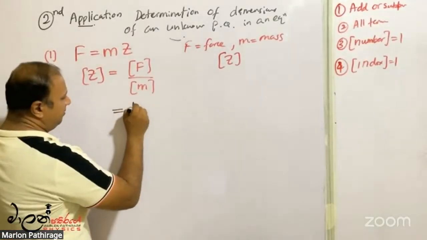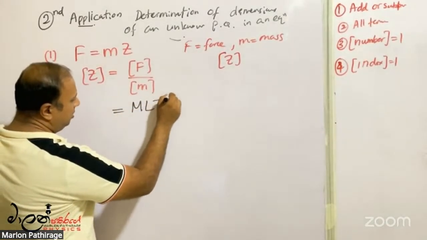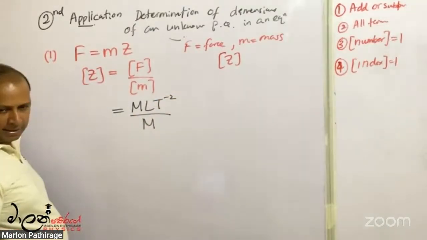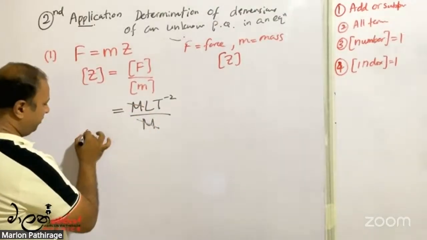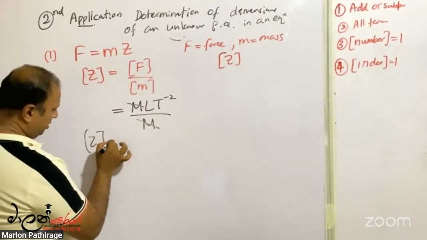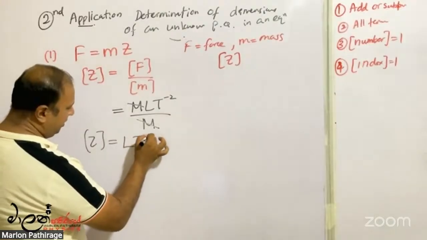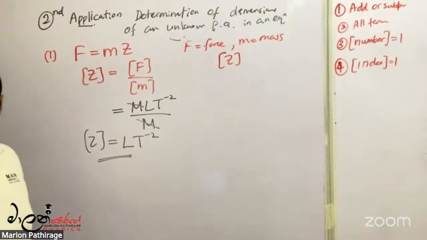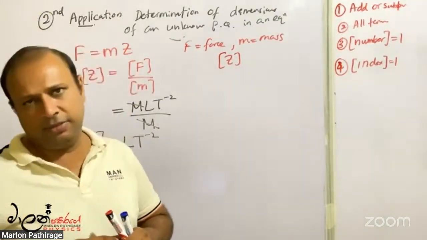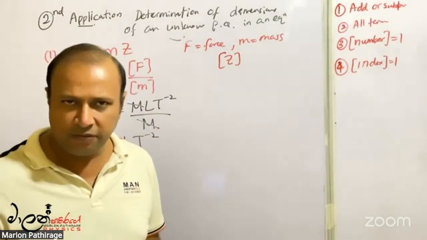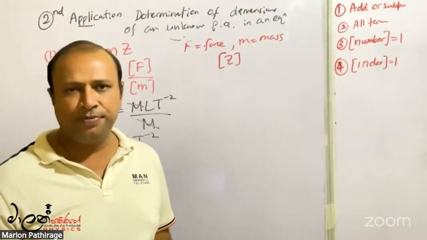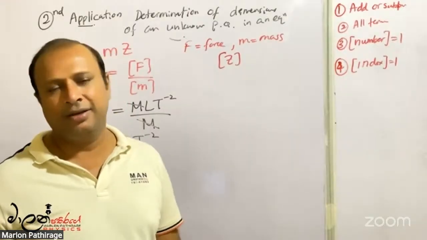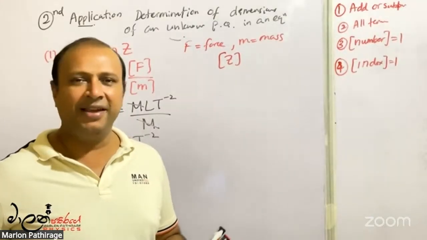Dimension of force is MLT minus 2. Dimension of mass is M. Therefore, M will be cancelled out. Therefore, dimension of Z is equal to LT minus 2. Therefore, if we are given a single term equation, you can subject the particular physical quantity and get the answer.